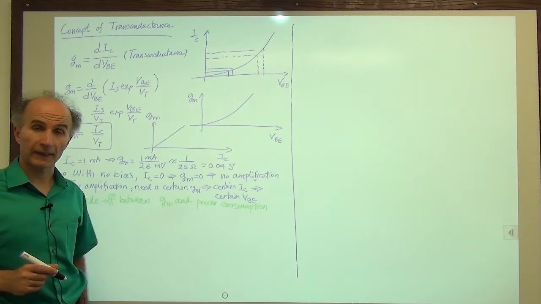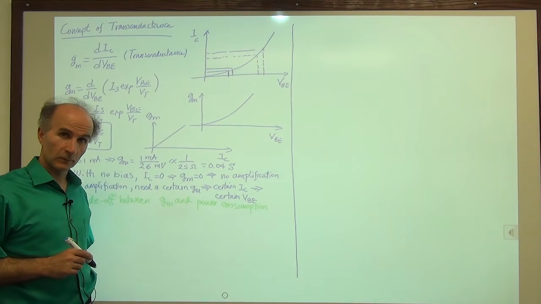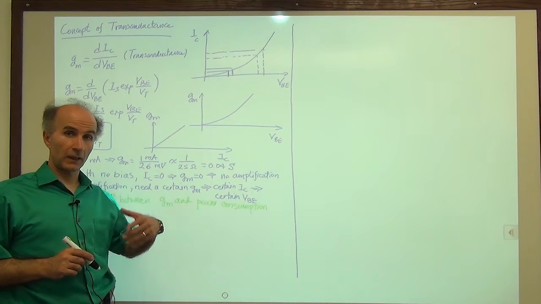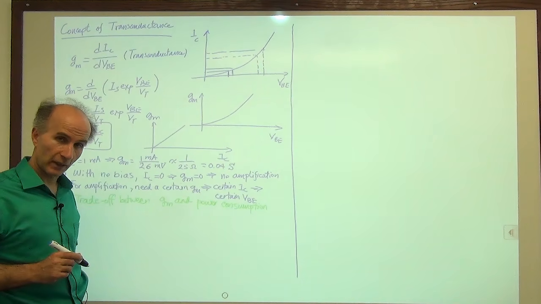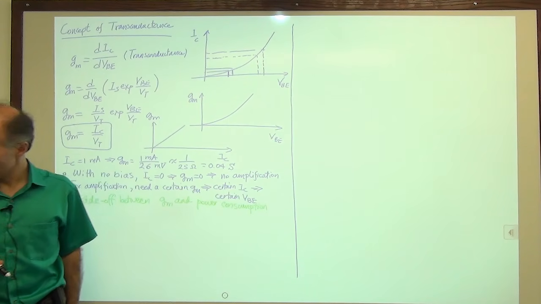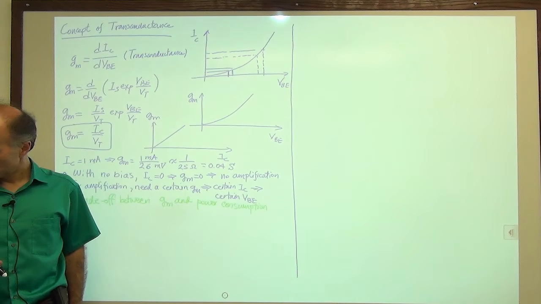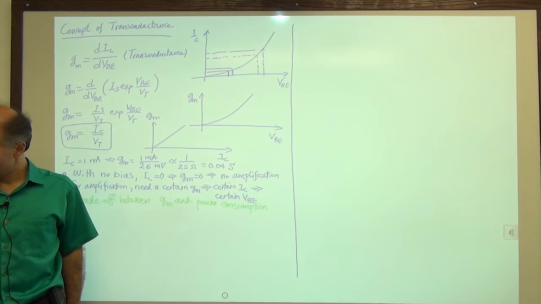Okay, so it's good to remember that. We don't have infinite power available in any design, so that's something that eventually comes into the picture. Okay, very well. Let's see what else.